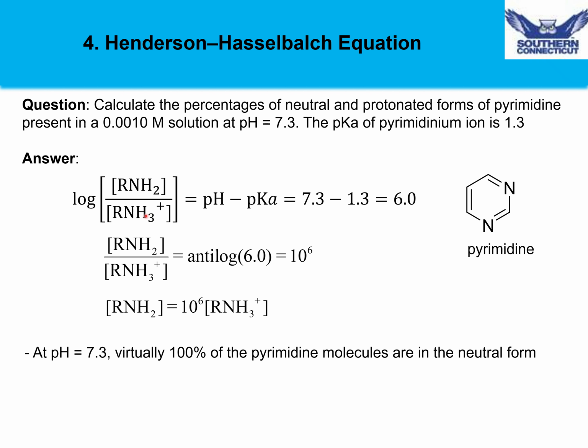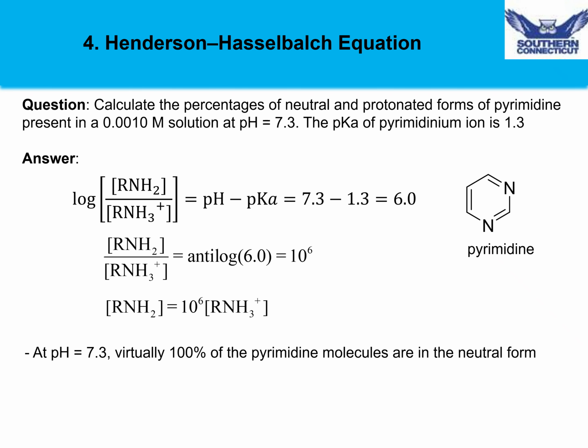In this problem, we're going to calculate the percentages of the neutral and protonated forms of pyrimidine. In other words, the ratio between the base and the acid in this buffer. Pyrimidine is a molecule that we previously discussed, which has 2 nitrogens and 4 carbons. It is an aromatic compound.